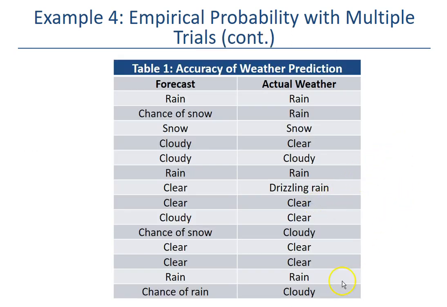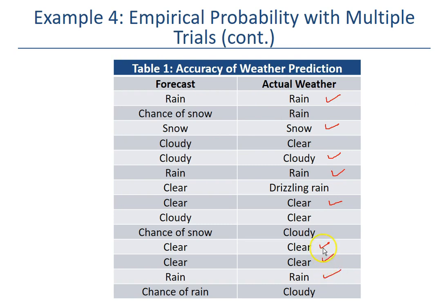So let's pause and study this for a few moments. So it's kind of easy to check to see where the prediction was correct. And what I did is I put a little red mark after these.